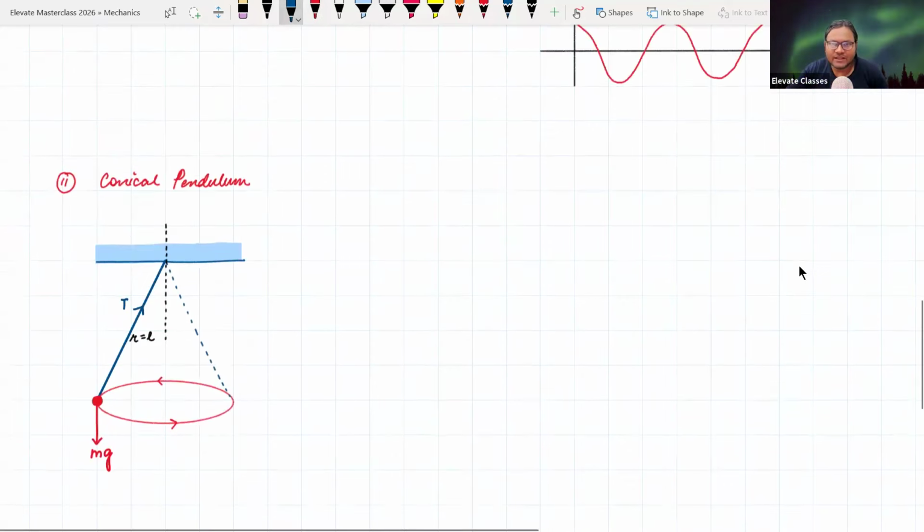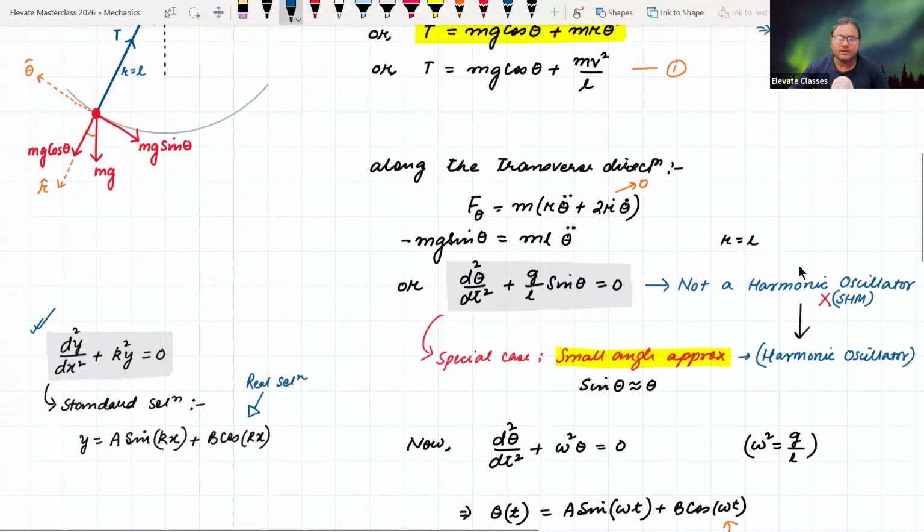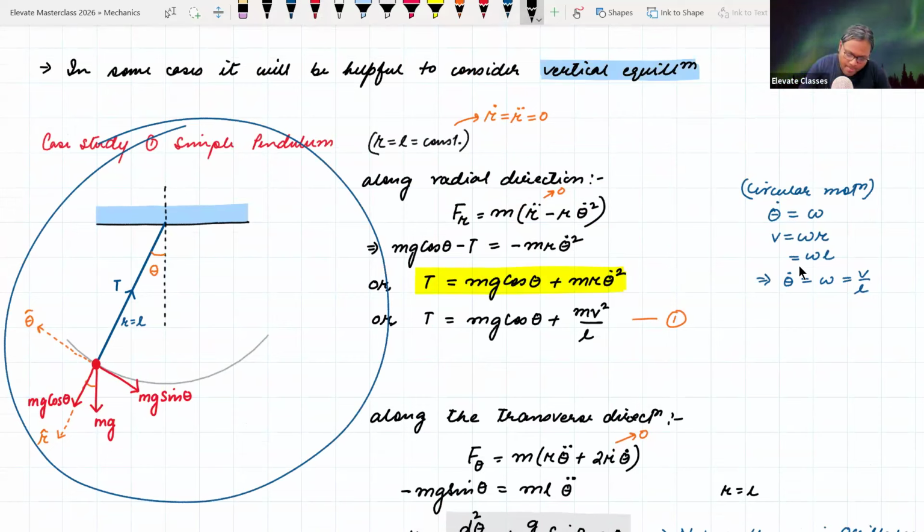Now look here. In the case of the simple pendulum, for me to resolve the various forces, I chose a coordinate system. The coordinate system has r cap and theta cap, and the origin of the coordinate system is this: the suspension point.